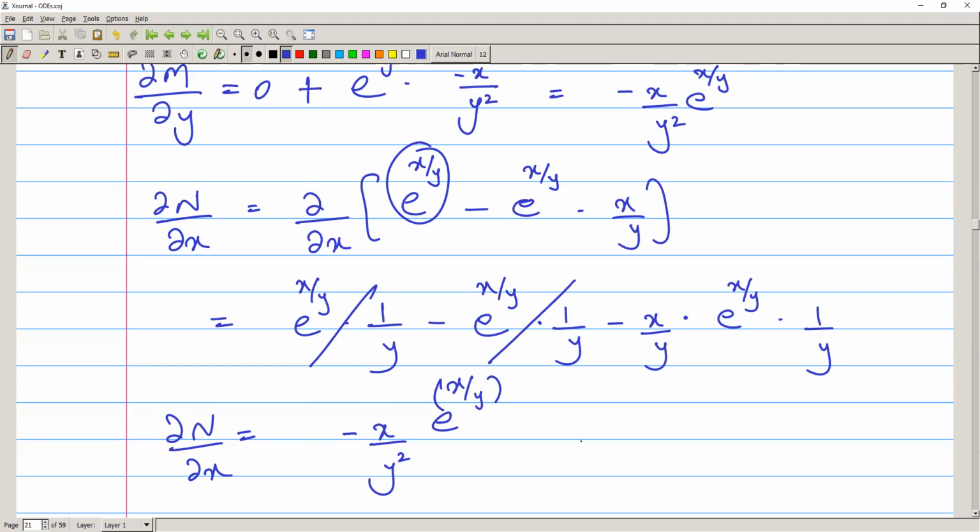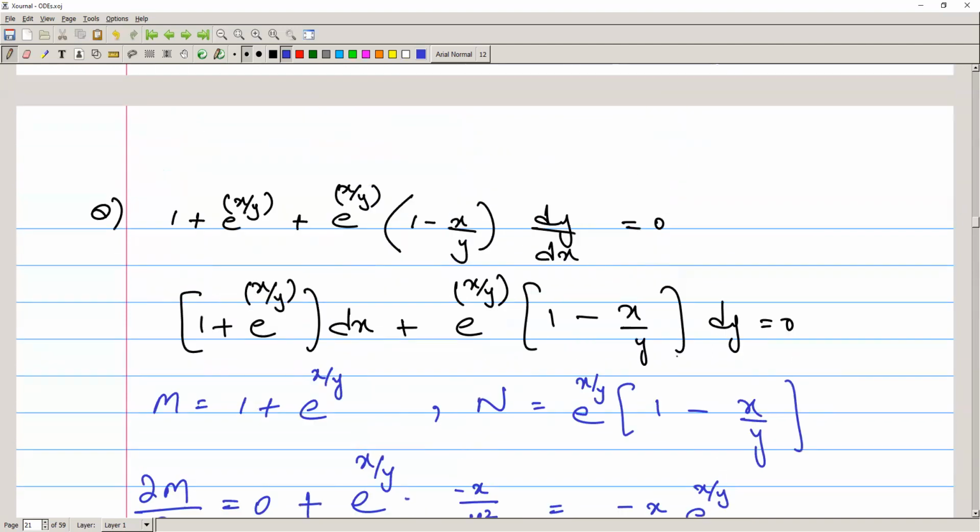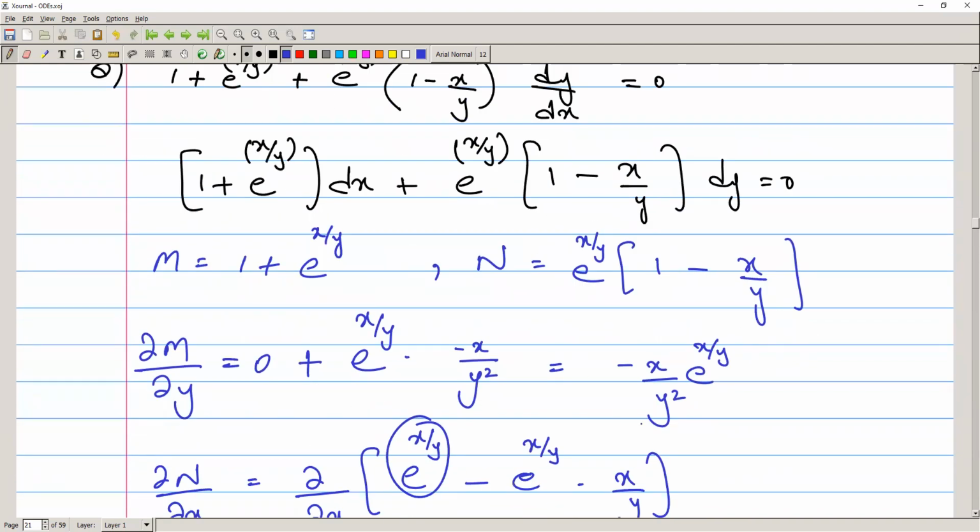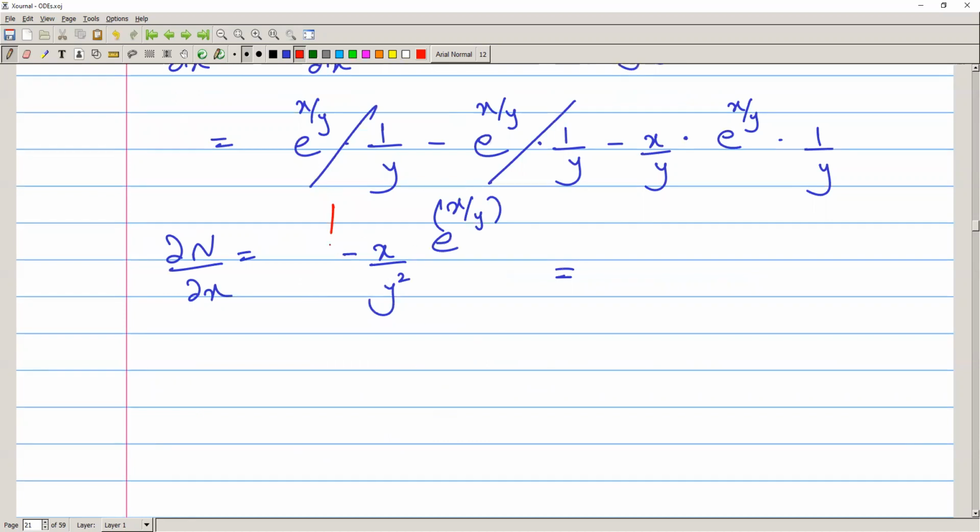Now let's check what was the partial of M with respect to y. That was also equal to the same function. You can check here, I will box it with red. So it is the same as the partial of N with respect to x. So we can see that this equation is an exact equation.